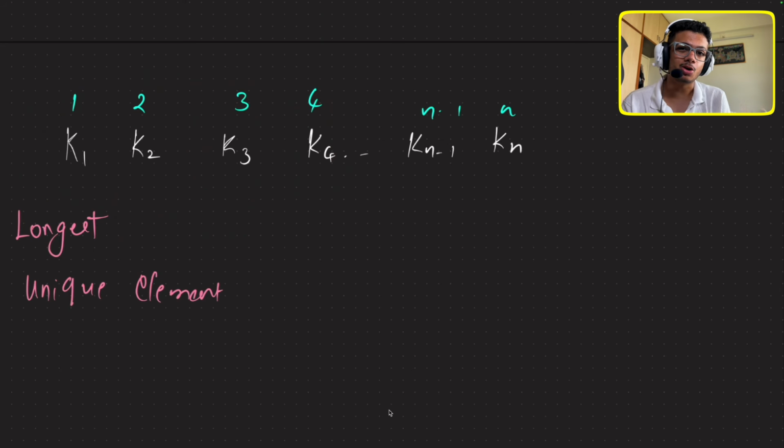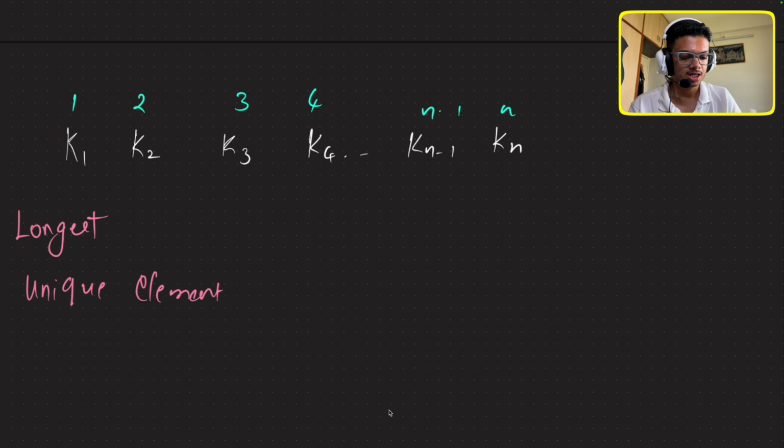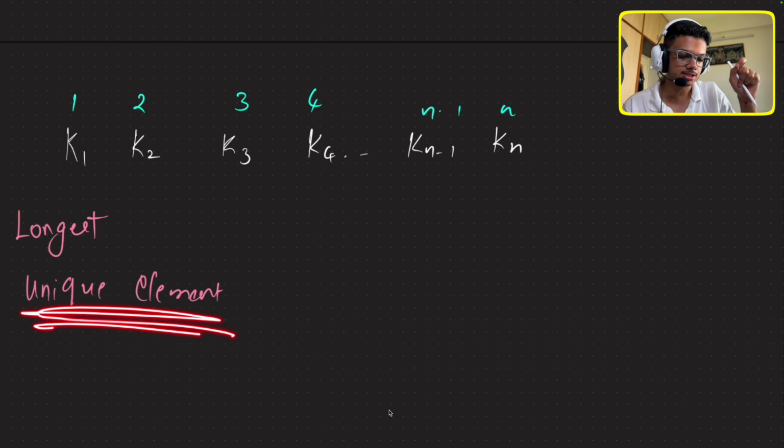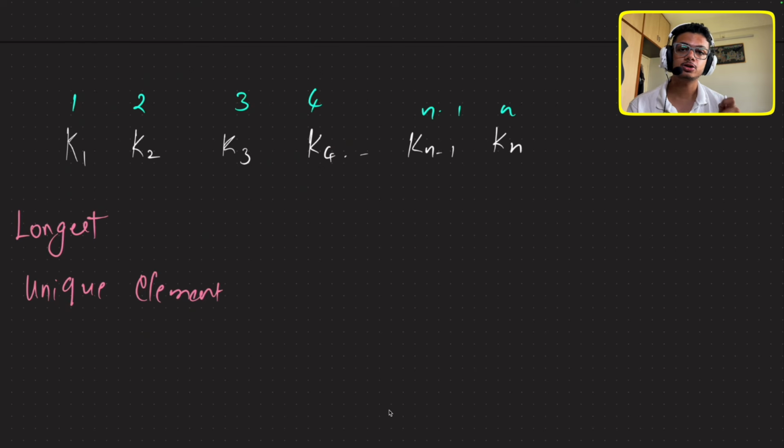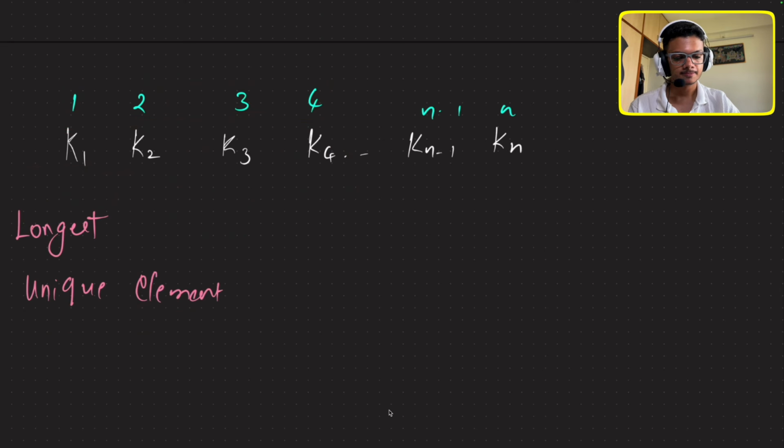Now, what is the longest subarray ending at index 4? It is simply this, and its size is 4. But this constraint that we want unique elements, how are you going to deal with it? Can you think about some greedy strategy here? We know that the longest subarray ending at index 4 is of size 4, fine. But one more constraint is there, which is that it should only have unique elements.